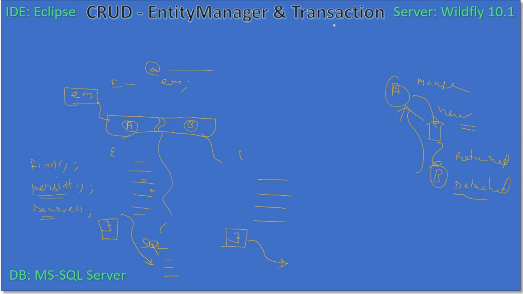It can be in a different context also. Let's say there is a servlet which is making use of this entity bean. It makes a call to A, then performs some action, then makes a call to B, and the return value it is using here, it is supplying to B. Till this point, the entity will be in the managed state.